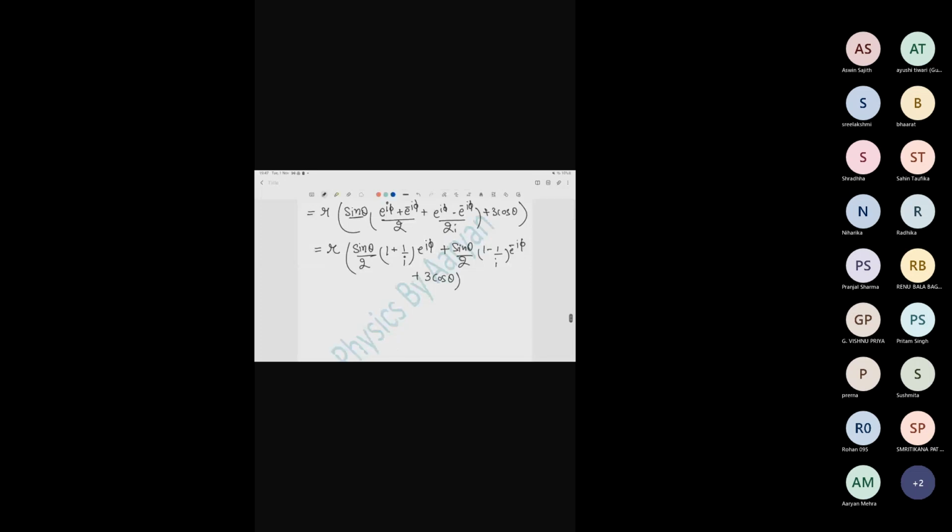Now this is not an individual term. This entire wave function has only one L, one M, and one N value. It is actually a superposition. So there are three terms. What do you think is the first term's L and M? 1, 1.